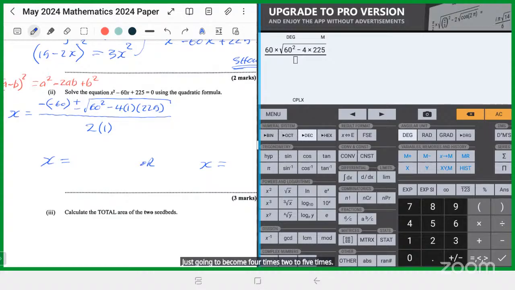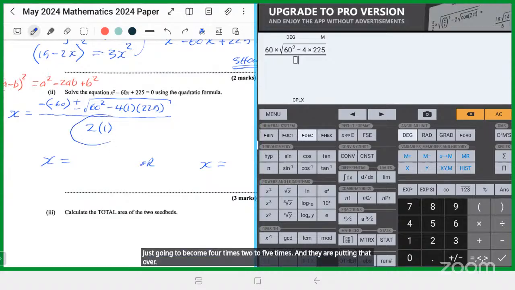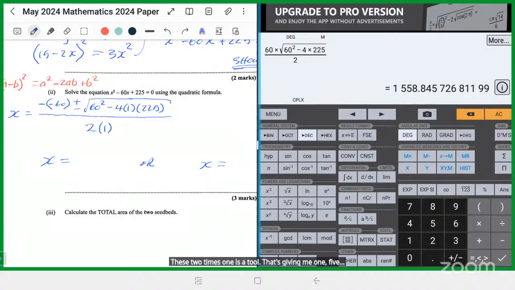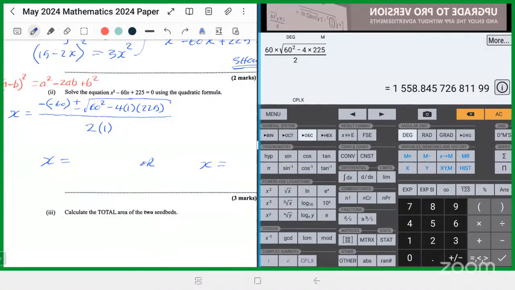And you're putting that over 2 times 1, which is a 2. Wait, sorry. Shouldn't the 60 be negative in the square root? Oh no, this is supposed to be a plus. Hold on.